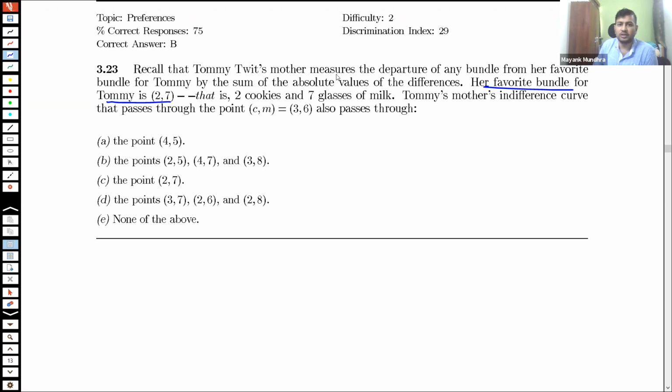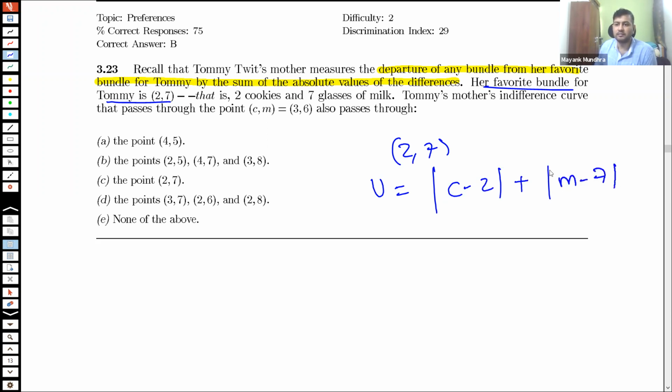The question tells you that she measures the departure of any bundle from a favorite bundle for Tommy by the sum of absolute values of the differences. So her favorite bundle is 2,7. So the utility is negative of mod of cookies minus 2 plus mod of milk minus 7.